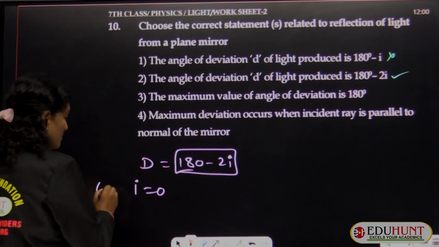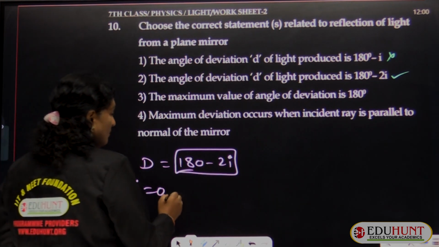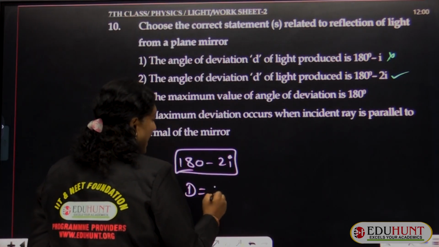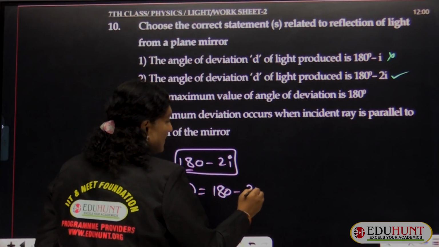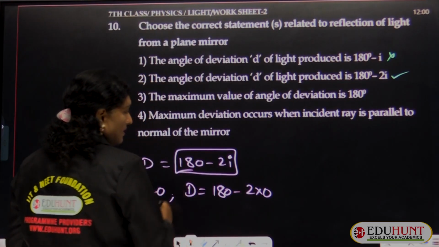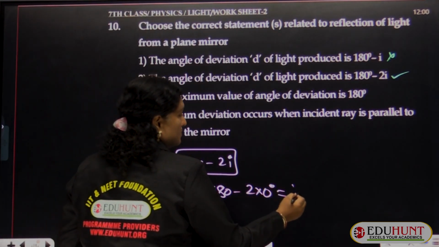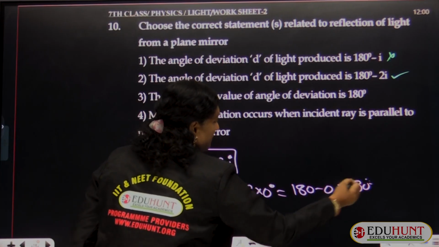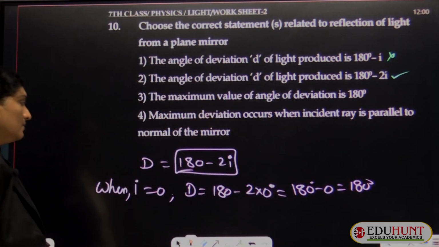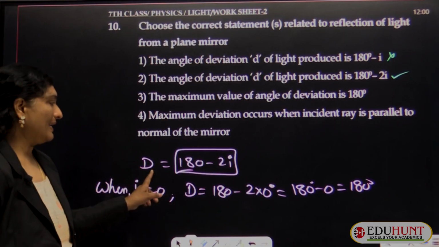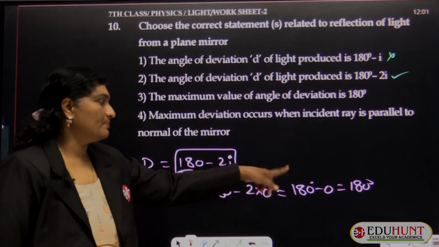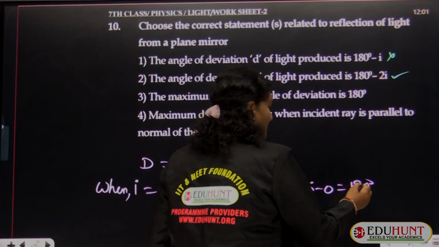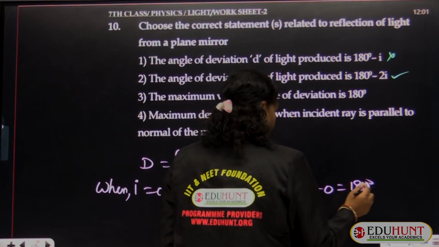When I is equal to 0, we get the maximum value of D as 180 minus 2 times 0. What is this equal to? 2 into 0 is 0, and hence the answer is 180. Of course, it is true. So the maximum value of deviation is observed as 180 degrees. It's true.